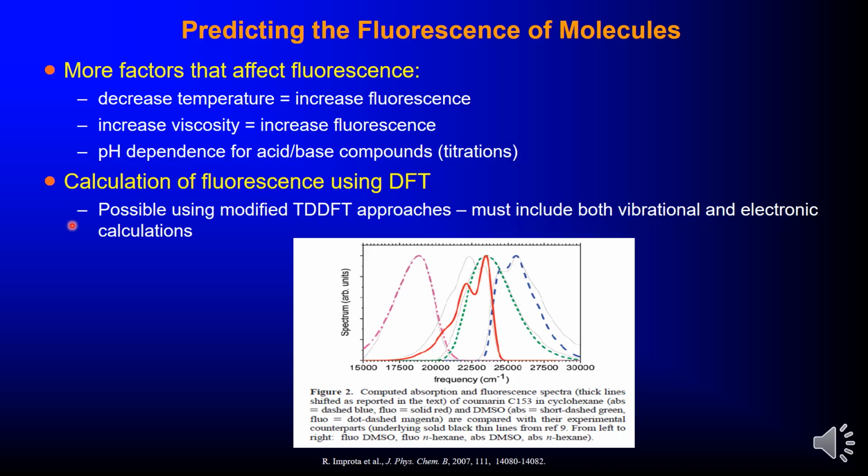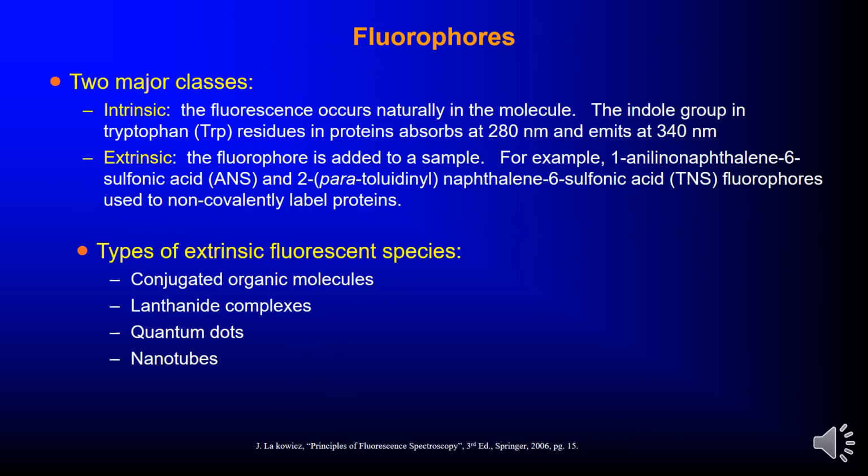Calculation of fluorescence using DFT is possible using modified TD-DFT approaches; we must include both vibrational and electronic calculations. So you can see those. Maybe later we'll do more on these calculations.